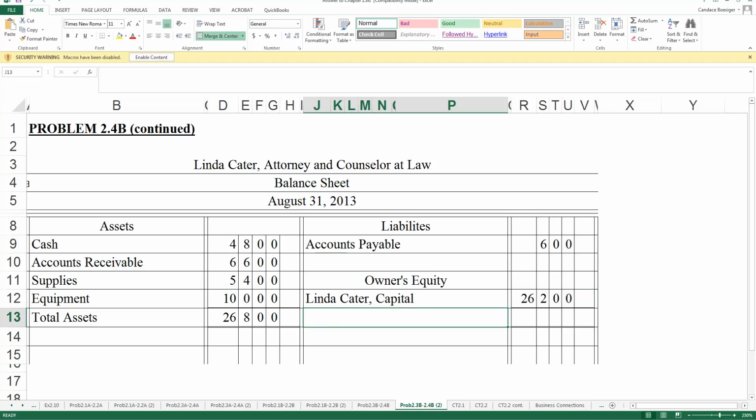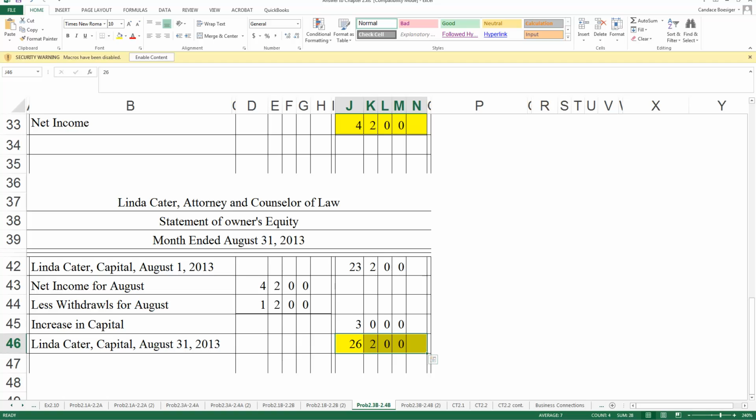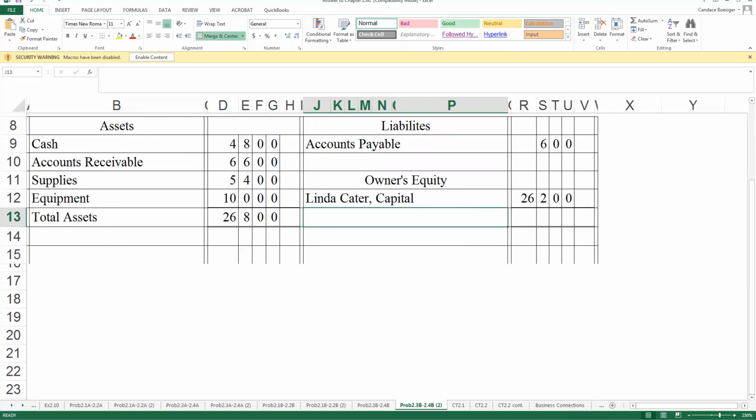And where did I get that number? Well, I got it right back over here on the statement we just prepared for the statement of owner's equity. And on your sheet, it should be just above. On mine, it's on a tab back. So here, we got this number off the previous statement.